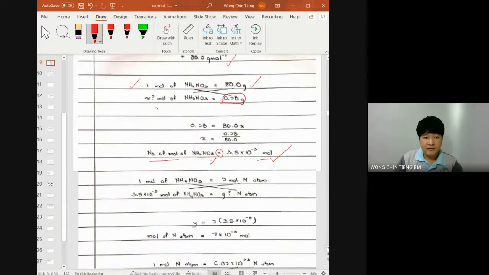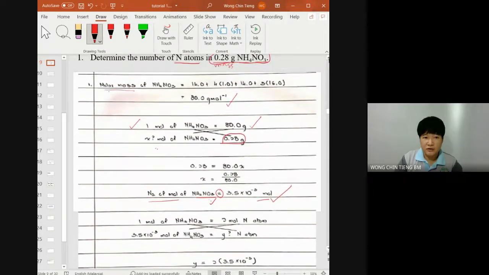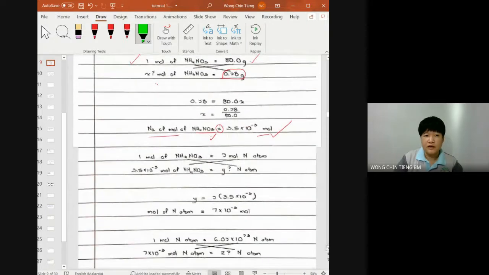And then, after you get the number of moles, okay, you compare with the nitrogen. Why do I compare with nitrogen? Because the question only wants nitrogen atoms, but the question wants the number of particles. So what your friend does is find the number of moles.